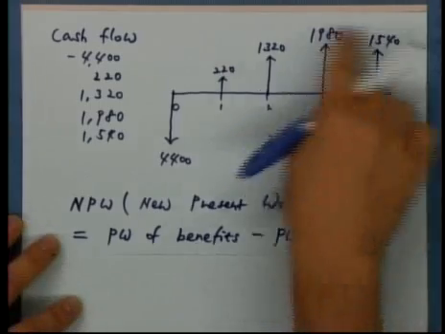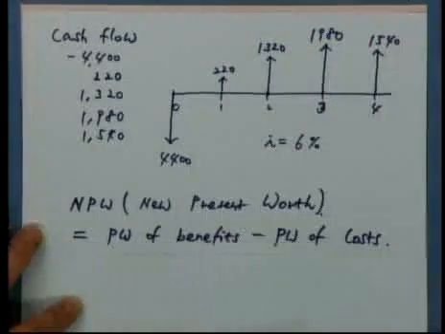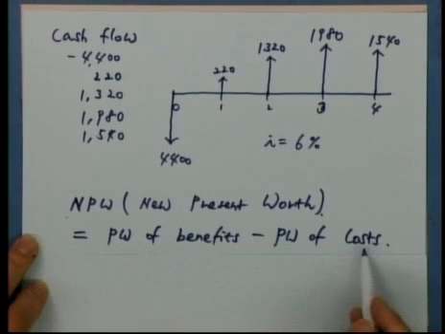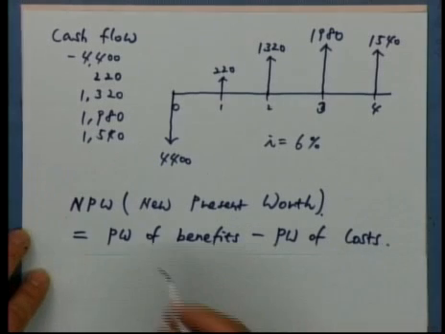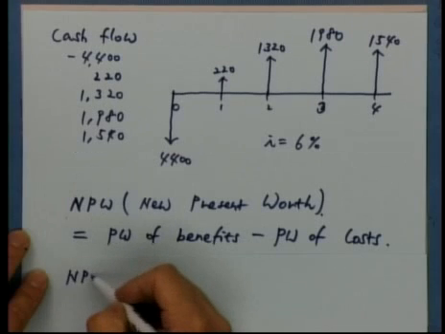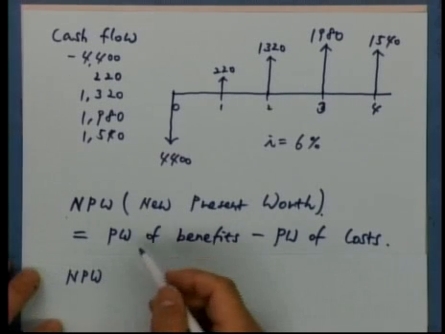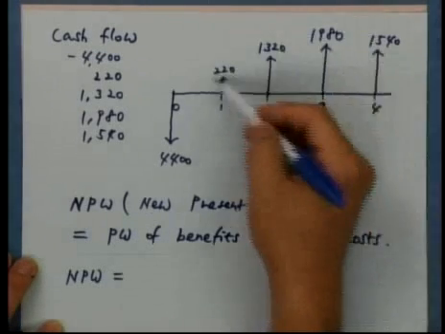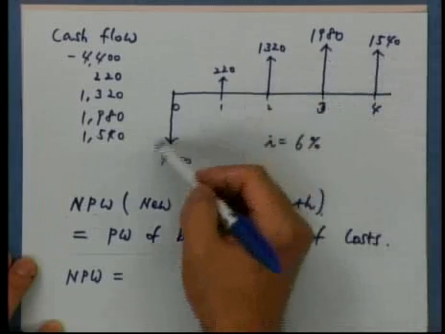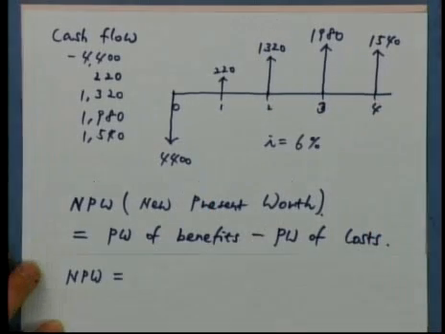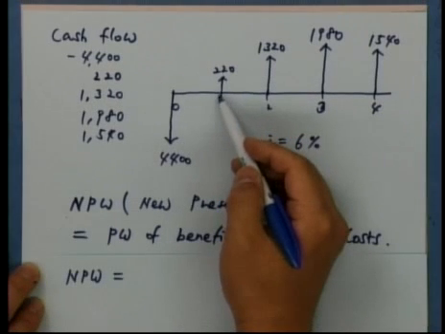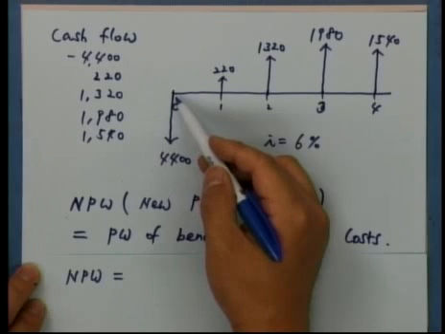So based on this cash flow diagram, can you compute the net present worth this way? Present worth of benefits minus present worth of costs. The benefits are the summation of these, right? And cost is 4,400. So the first benefit at the end of period 1 can be converted to the equivalent present sum, right?